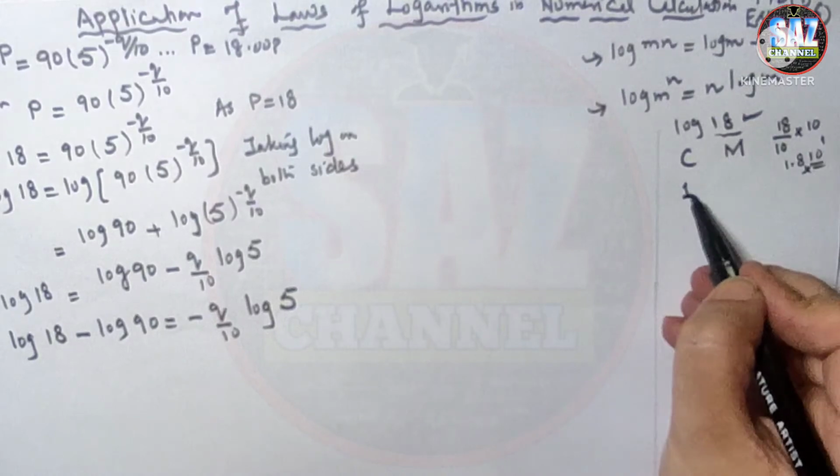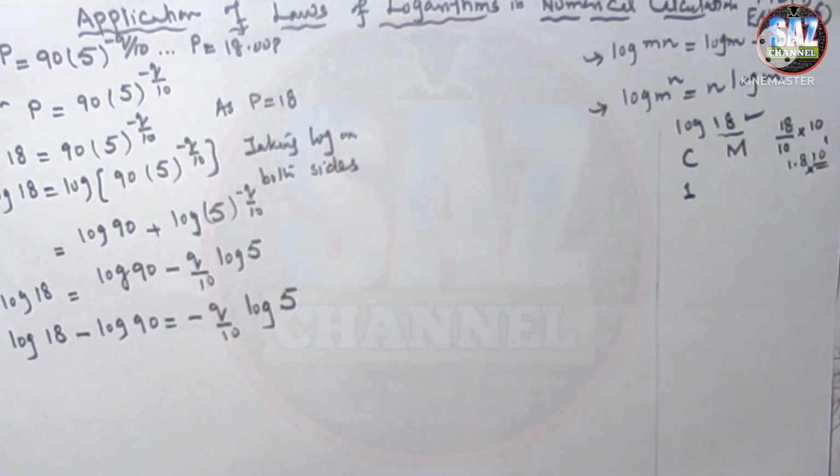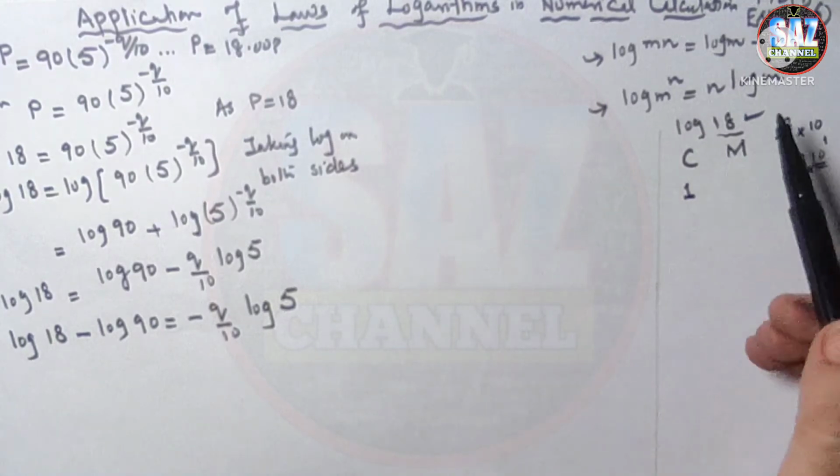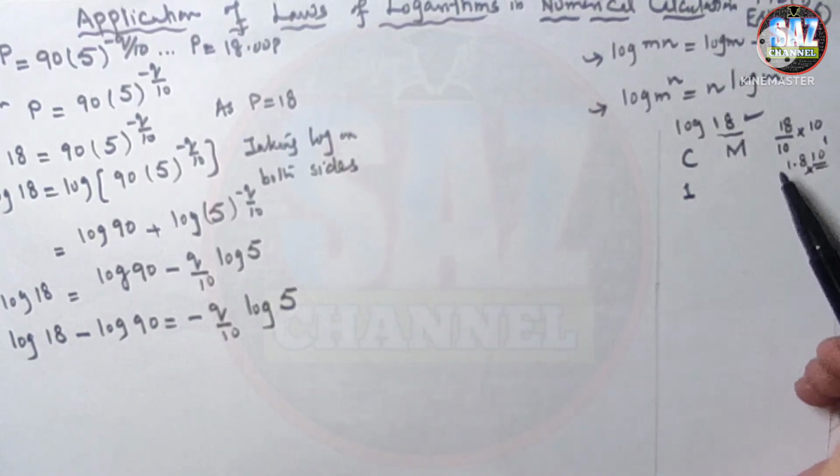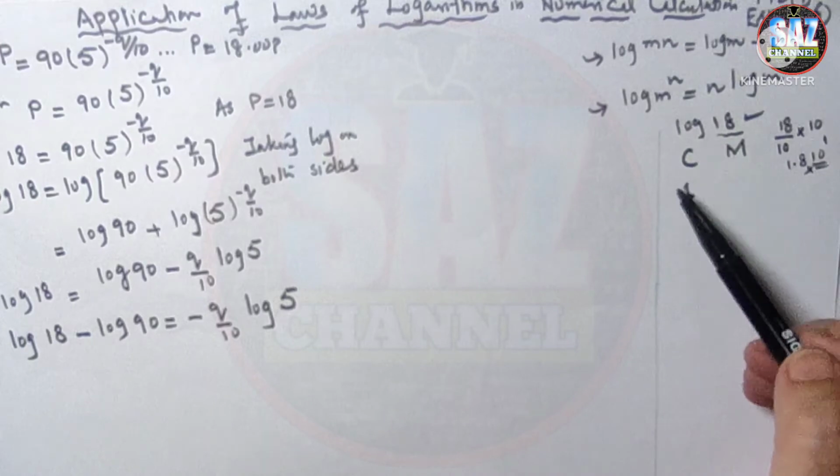Otherwise, I have been repeating the rule in all of my classes that the characteristic of the logarithm of a number greater than 1 is 1 less than the number of digits in the integral part. As the number has 2 digits in the integral part, the characteristic is 1 less than the number of digits.